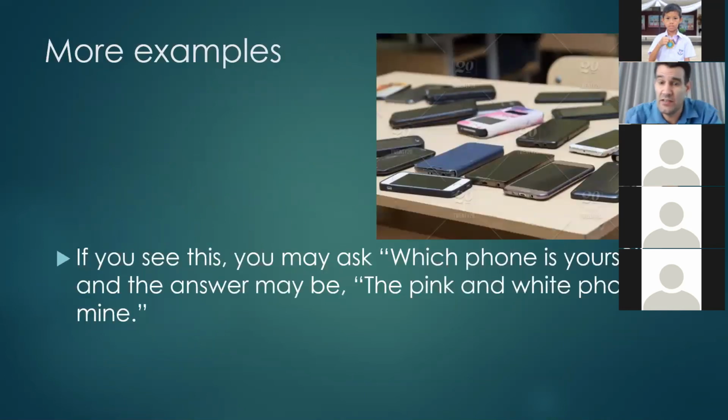If you see all these phones on a table, you can ask, which phone is yours? And the answer may be, the pink and white phone is mine. So both of you will know you are talking about phones.